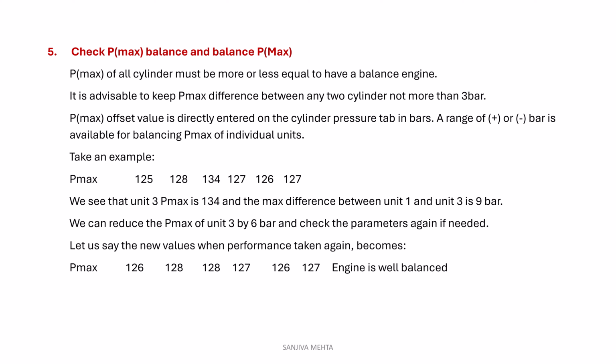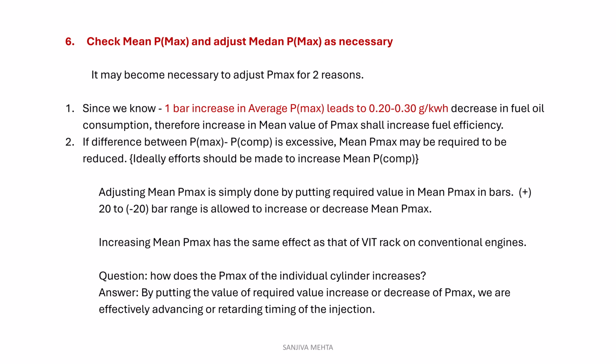You want to increase the Pmax for all units, straight go to Pmax mean value, increase. Straight away, simple. Just put the value by how many bars you want to increase. Check now mean Pmax and adjust mean Pmax. So why is it necessary? As I told you, an increase of 1 bar of Pmax reduces the specific fuel consumption by 0.2 to 0.3.